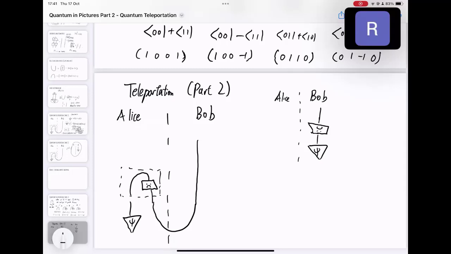But now if Bob knows which error, if Alice applies this test and works out which test has actually occurred and communicates with Bob which one it was, then Bob can apply a corresponding correction. Look at this.